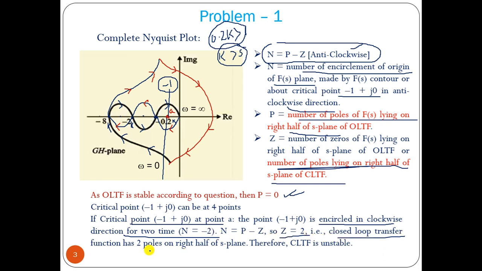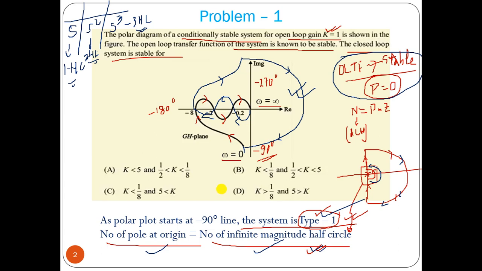So the closed loop transfer function has 2 poles on the right half plane of the S plane, so this is unstable. So when this A point is your critical point, minus 1 plus j0, it becomes unstable. So we don't have to find this condition, we don't require that. We have to find the condition for a stable system.